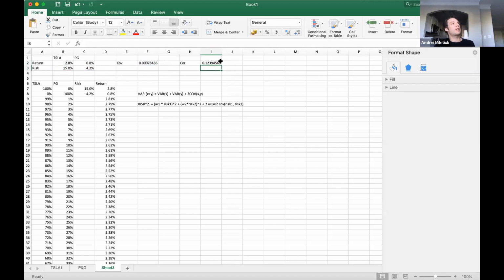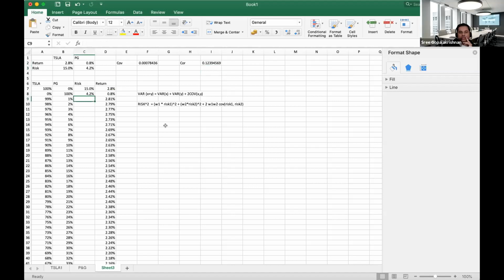We can see that correlation is 0.12. It's pretty low, but still positive. Those stocks move more or less in the same direction, but they're almost uncorrelated, because 0.12 is a very low correlation. So we have some decent diversification here, and we will see that this portfolio gives us a good opportunity to diversify risks.